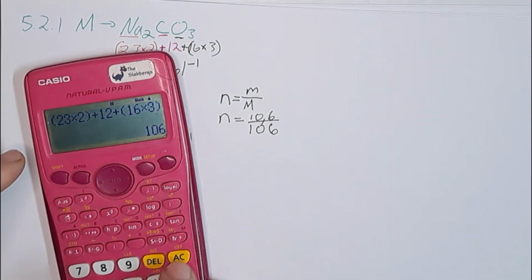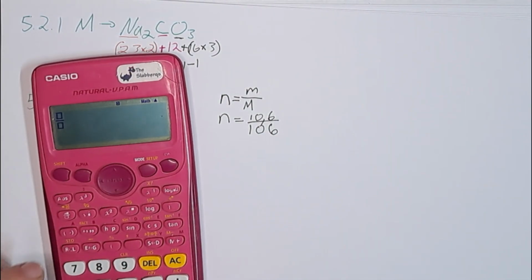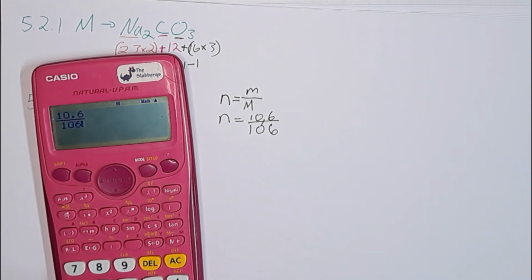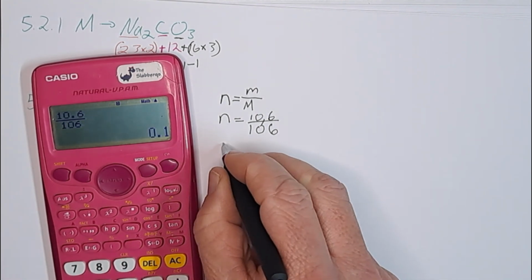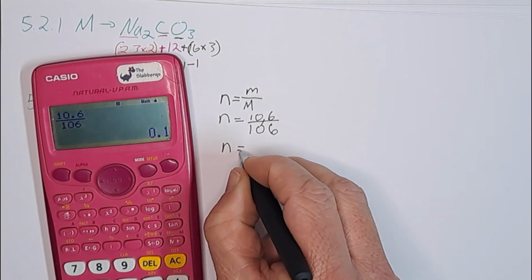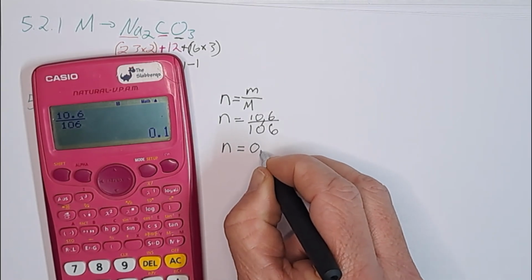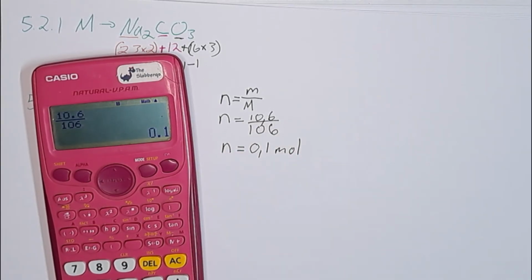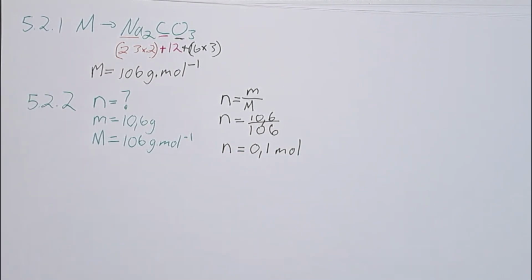We're gonna come to our calculator, we're gonna smash it in there, so it's gonna be 10,6 divided with 106, and my mole is gonna be 0,1 mole. So far so good. Let's go.